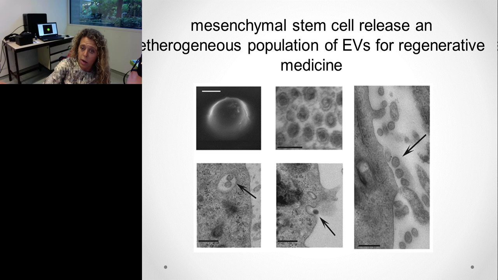There are some smaller ones, some larger ones, and the mechanism of production is also very different. Some come from budding, as we can see in the right panel. In the left panel, we can see the arrow showing a multivesicular body that then fuses with the surface.